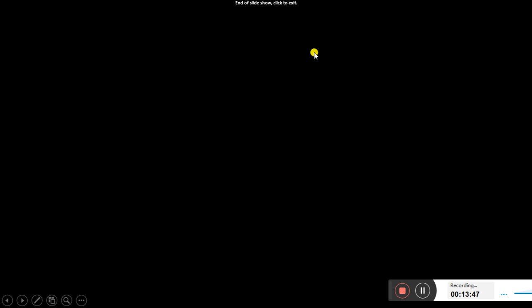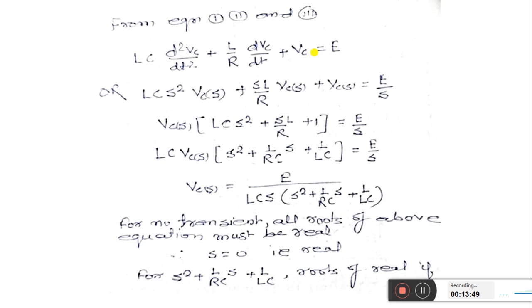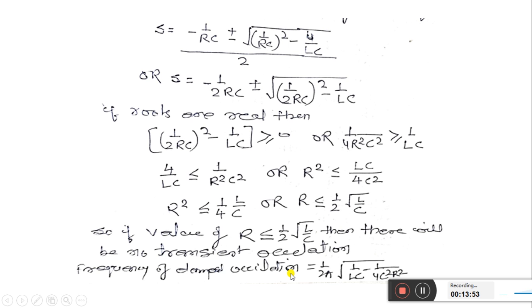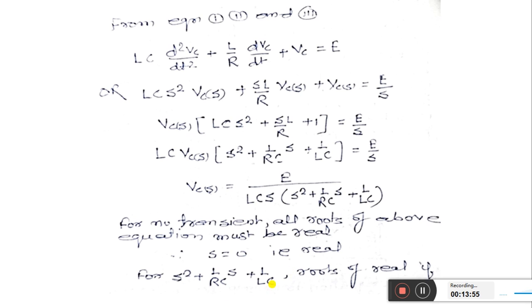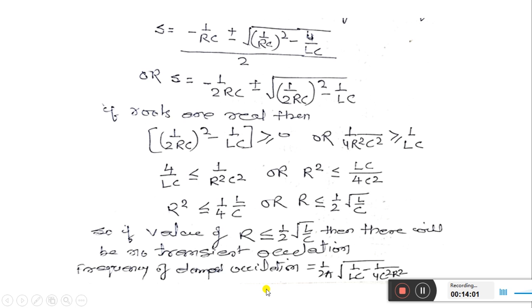What is ac? Just see here. What is ac in this equation? A is 1 and c is 1 by LC. So we have written here minus 4 upon LC, and divided by 2a.